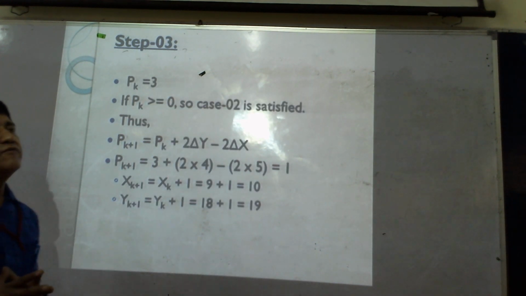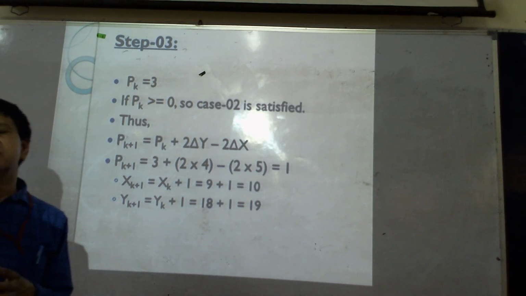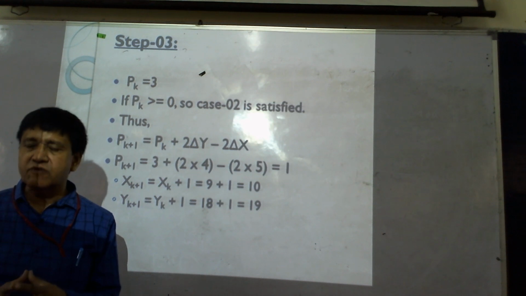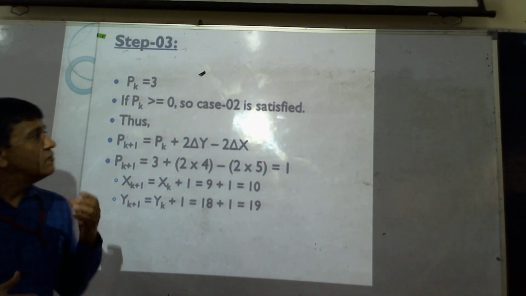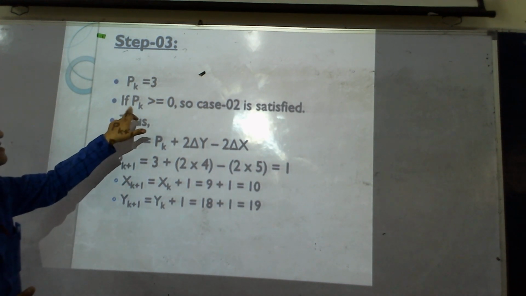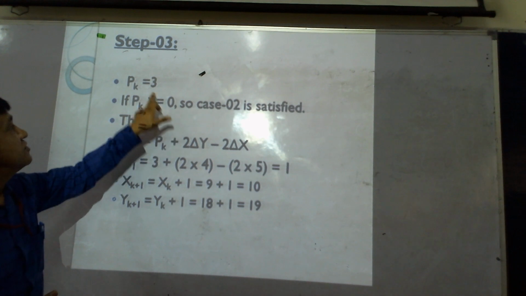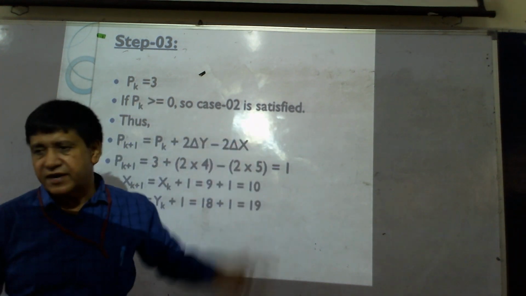Now, which case will be implemented when pk equals 3? In this case the condition is true: if pk is greater than 0, case 2 is satisfied.